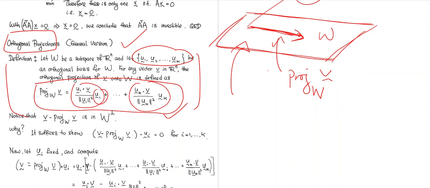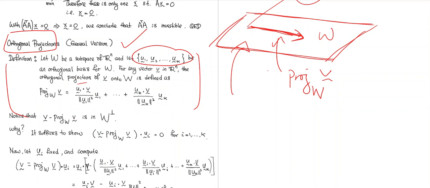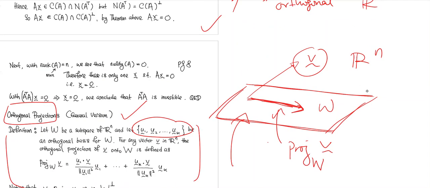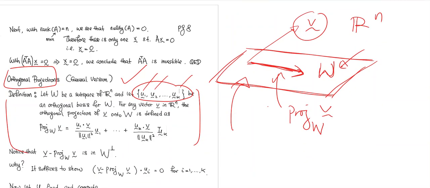So it's a sum of little things like that. This is given as a definition. It says that if you have a vector v and you want to project it onto vector space W, and if you already have an orthogonal basis for W, u1, u2, all the way to uk, then the projection of v onto W will look like this.